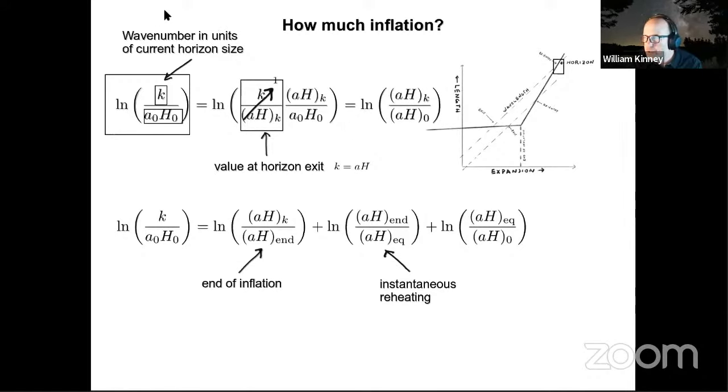We can look at the period after it exited the horizon while inflation is still happening, and the period after inflation ends. So before the end of inflation, it is being stretched outside of the horizon, which is this term.